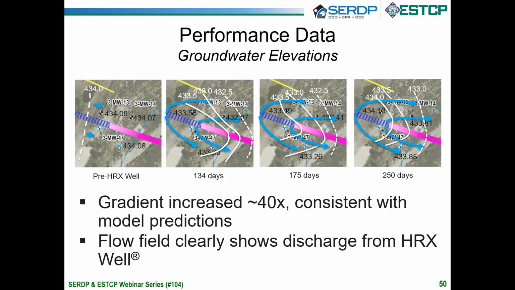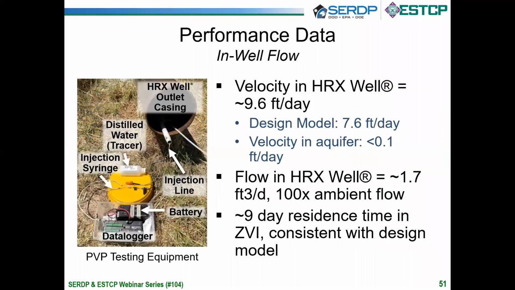And so you can see, of course, before the HRX well was installed, those water elevations are almost identical, really very flat gradient. And then after installation, you can see the effects of localized mounding. And I'll just comment that the degree of mounding was very consistent with model predictions and clearly shows water discharge from the HRX well.